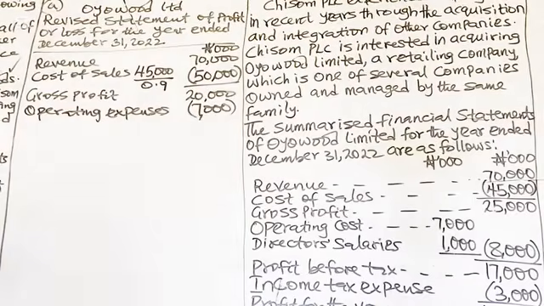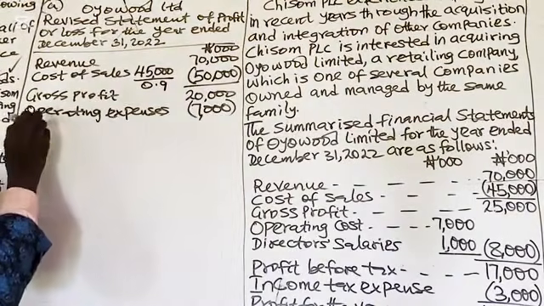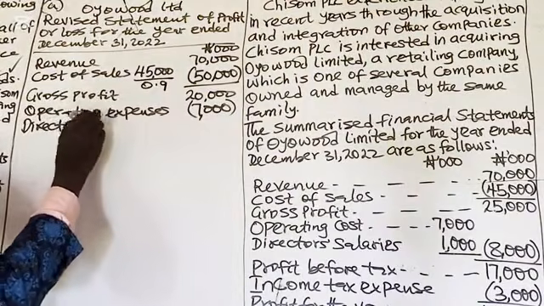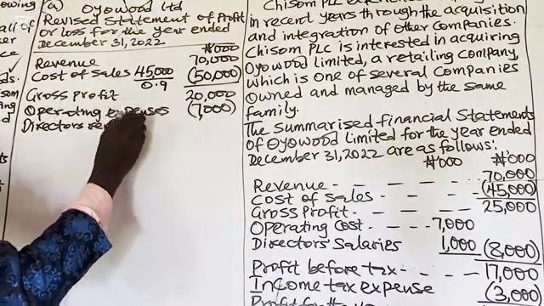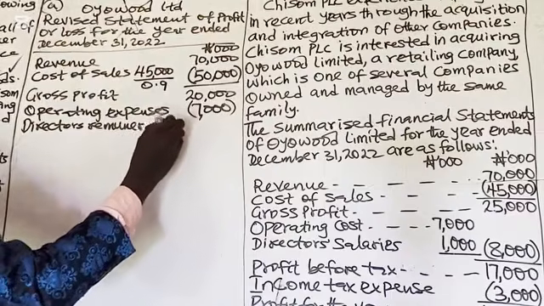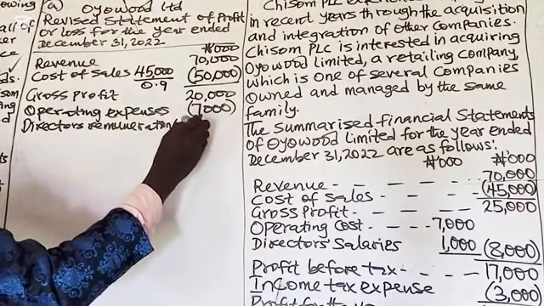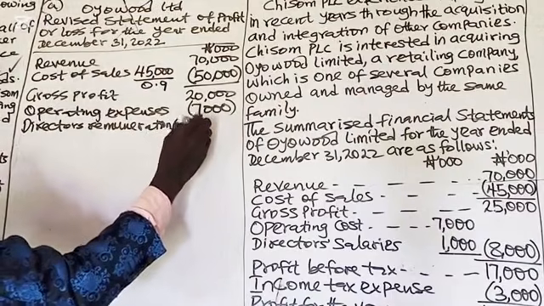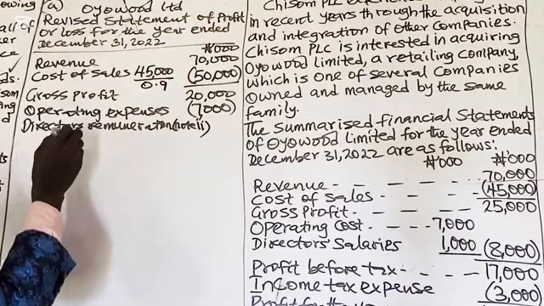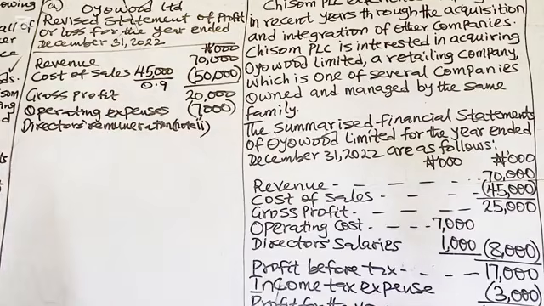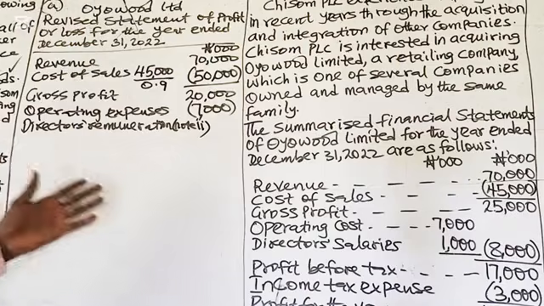Then directors remuneration, from additional information note 2. I've told you the 1 million given as director salary will be disregarded since you were told after acquisition, Shison PLC will replace the existing directors.